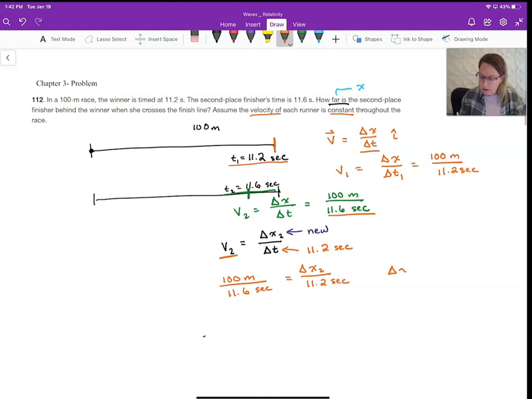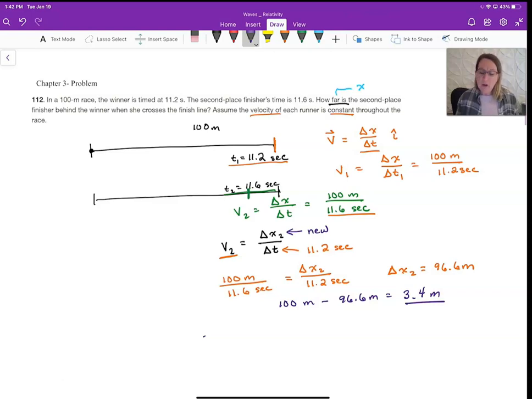If we plug that into our calculator, that gives us a value of 96.6 meters. And so, of course, if we take the full 100 meters and subtract this 96.6 meters, we find out that she is 3.4 meters behind the winner of the race.